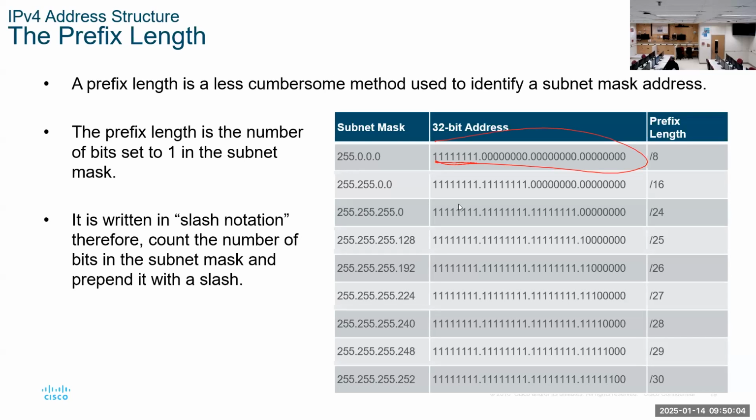Right? That's the first. The second one, you convert it into decimal. And the third one, normally they use it very often here, they use slash notation. Slash 8 here means you have 8 bits in the network portion. Remember, the slash means the number of bits in the network portion, not the whole mask. So for this one, slash 27 means I have 27 bits in the network portion.